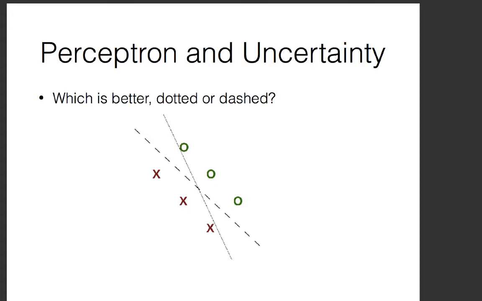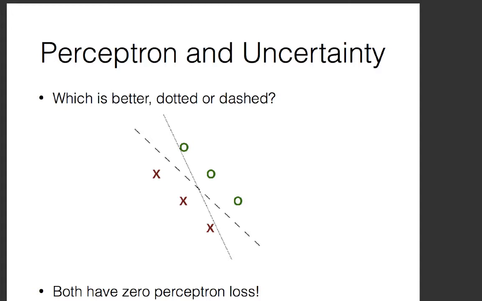Which line is better? The dashed line, yeah, and why? Yeah, it has a larger margin. It's not making as many close calls, or the closest call it's making is farther away from all of the others. The important thing here, though, is that all of them have 0 perceptron loss.